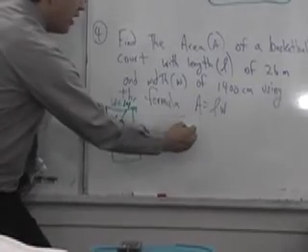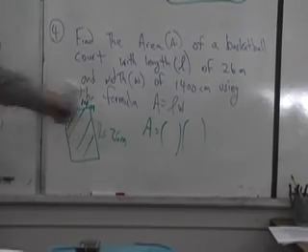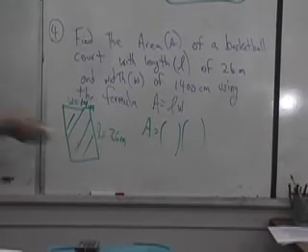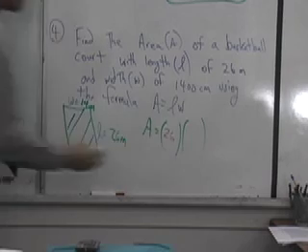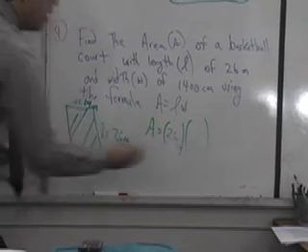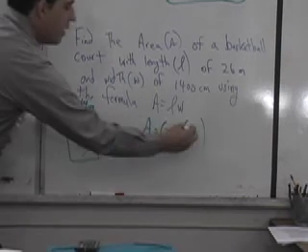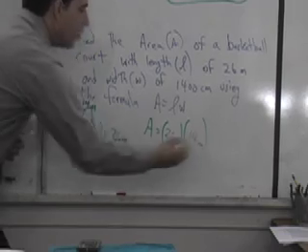So what do we put in our pockets? A equals pocket times pocket. What do we put in the first pocket, Kia? The length. What is it? 26 meters. And what's the width? 14 meters. See, we had to convert it.